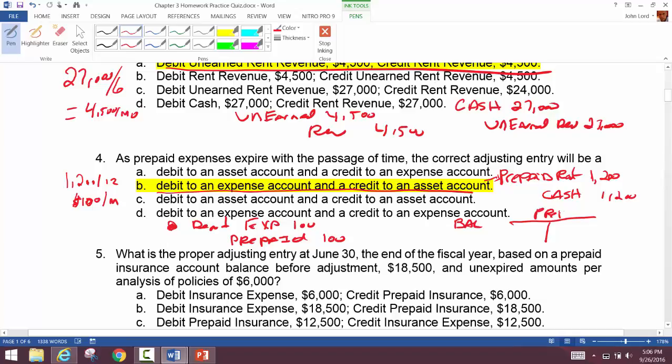Now, what's the balance in the prepaid rent account? It was $1,200 when I first put the money down for that Santana Row apartment, and now what? Now I've credited $100, haven't I?